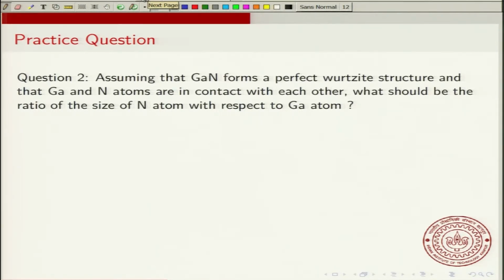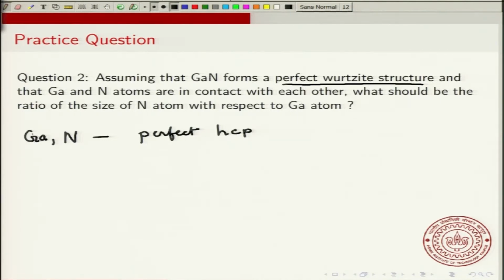So, the perfect wurtzite structure means nitrogen forms a perfect HCP, and so does gallium.